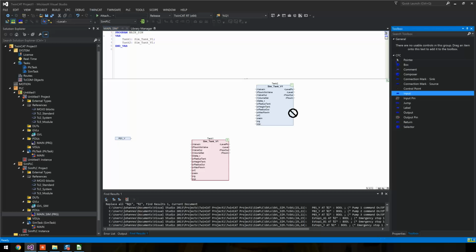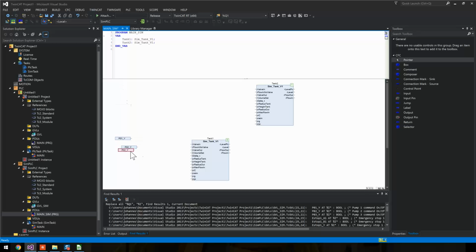Let's just do the same for the other two pumps. So let's say these are all equally powerful. So this should give a 30% flow, and all three of them should give 100.